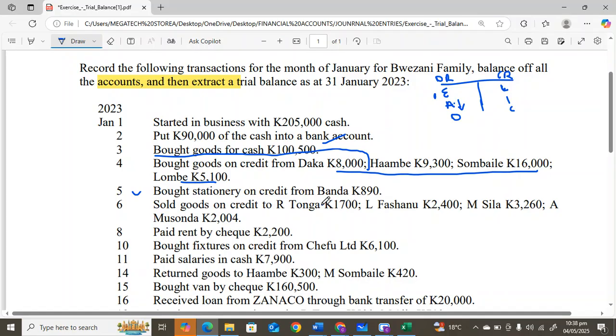Stationery is an expense, expenses, debit. Banda, we haven't paid him, so he's now a liability, liabilities, credit. We move to the next one.